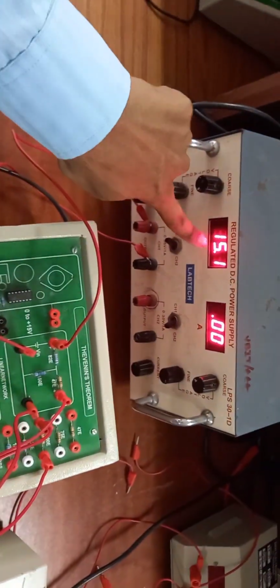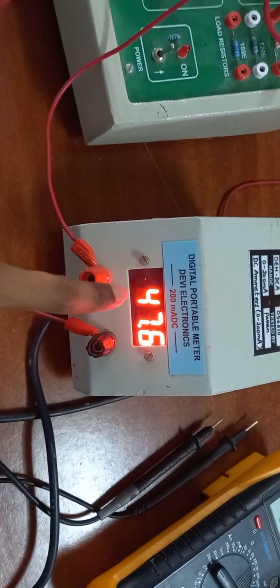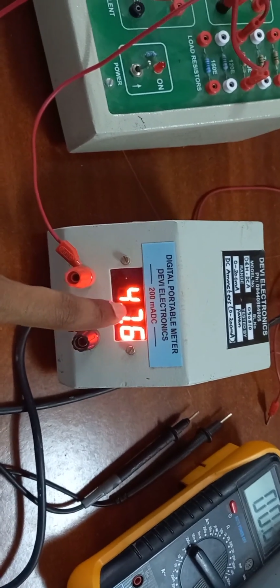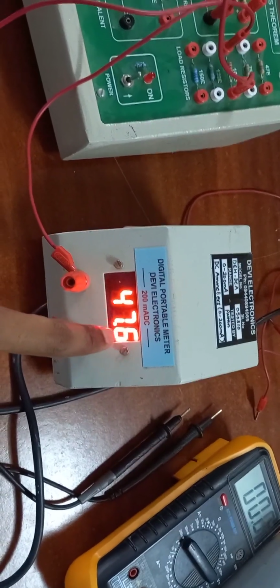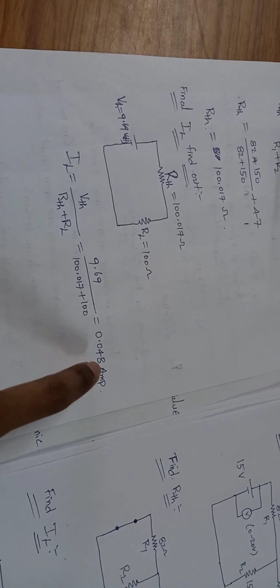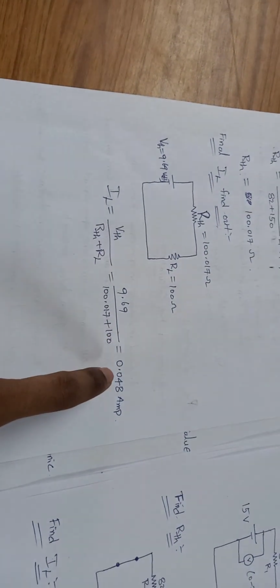You observe here, 15 volts input source voltage, and in the ammeter, the 200 milliammeter DC we have taken, we got 47.6 milliamps. It means 47.6 times 10 to the power of minus 3, simply 0.0476 amperes. Practically we got 0.047, but theoretically we got load current 0.048 amperes.